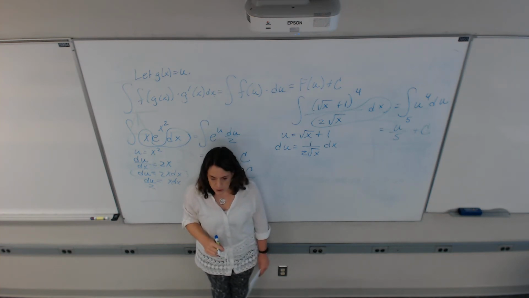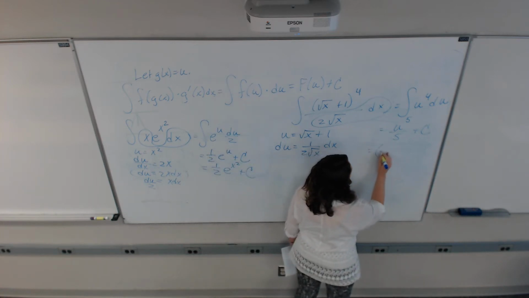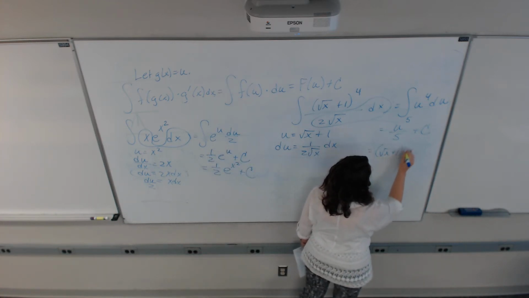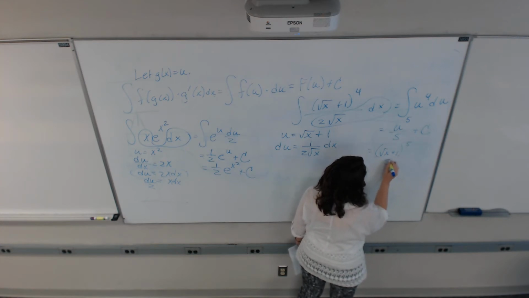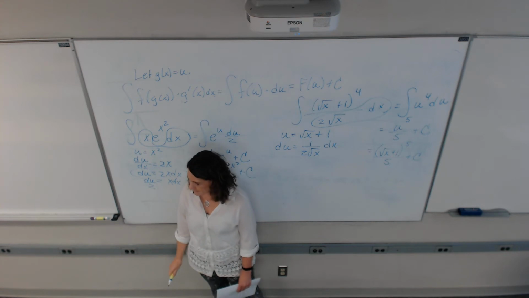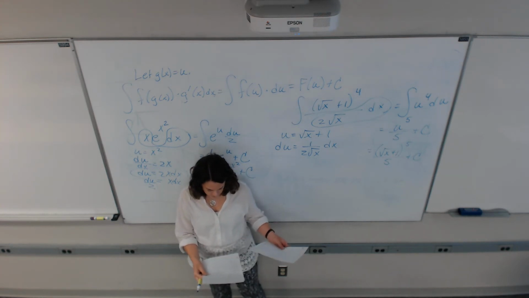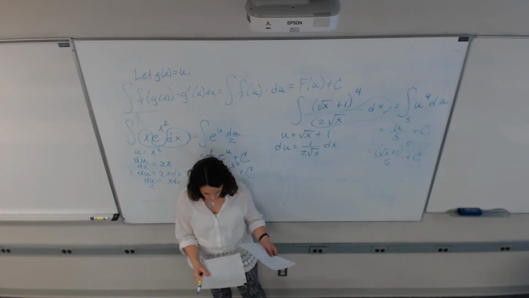Now get out of u and go back to x. Square root of x plus 1 to the 5th power divided by 5 plus a constant. Questions about that one?